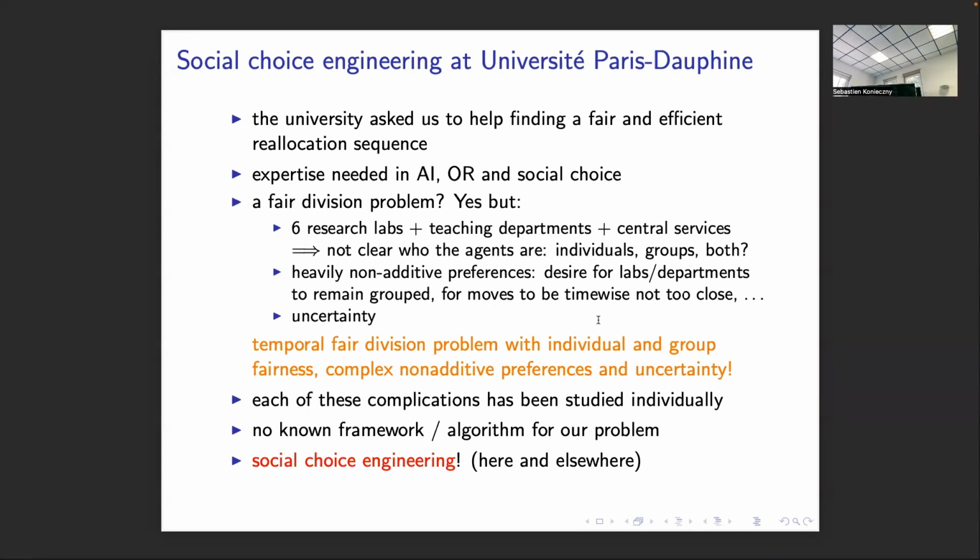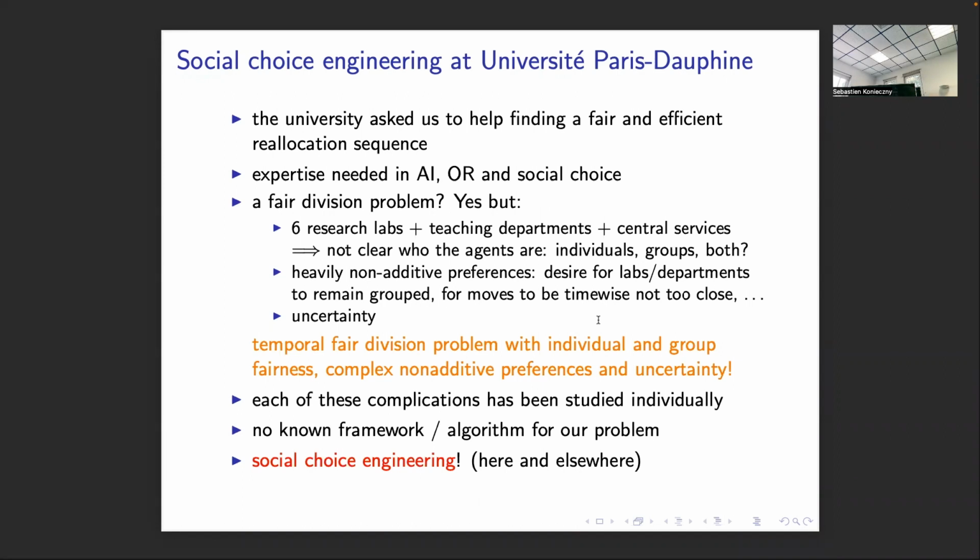Preferences are heavily non-additive. You cannot say that the utility of a group is the sum of the utilities of the people inside, because you want the labs or departments to remain grouped at each period. And for an individual, you want moves to be not too close in time.